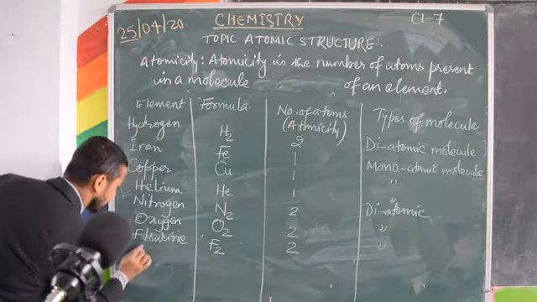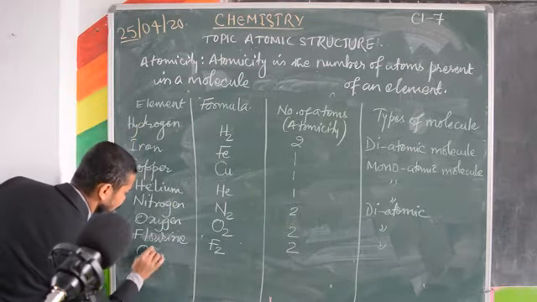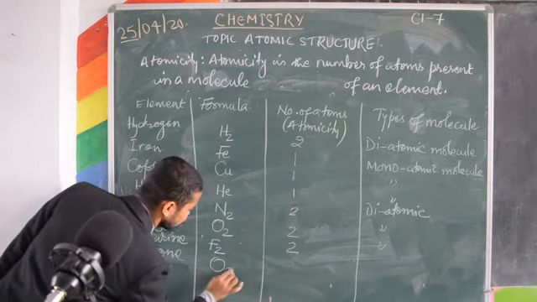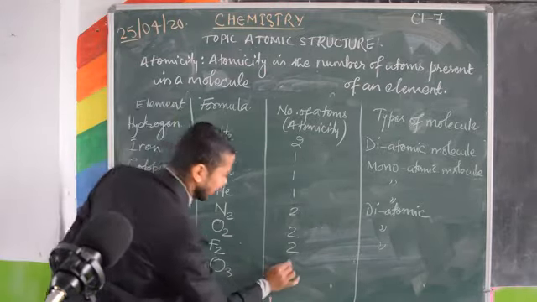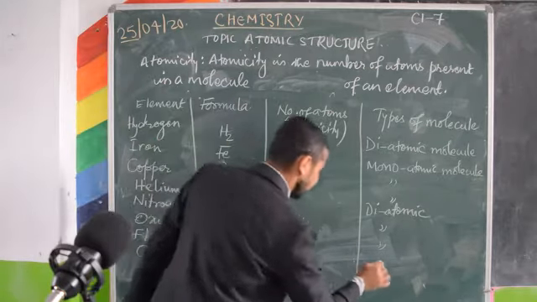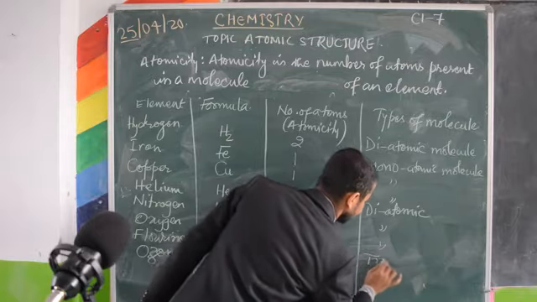And if I write ozone, it is O3. And atomicity is 3. So this is triatomic.